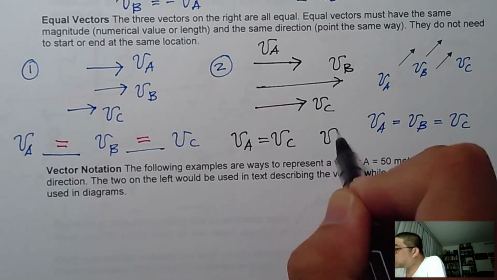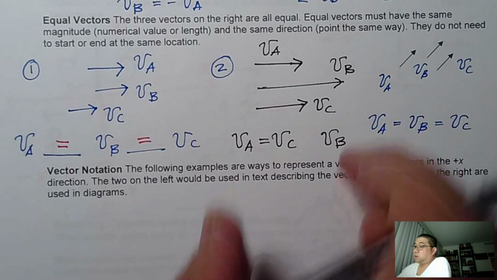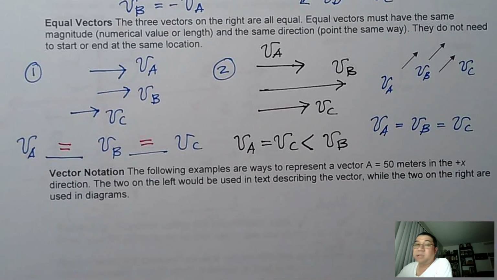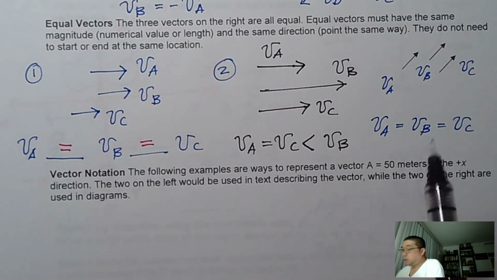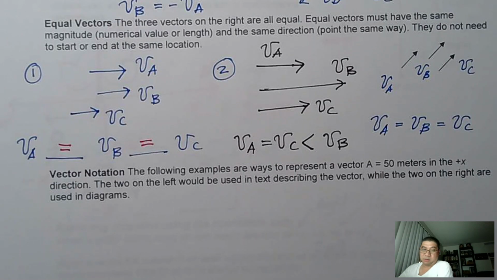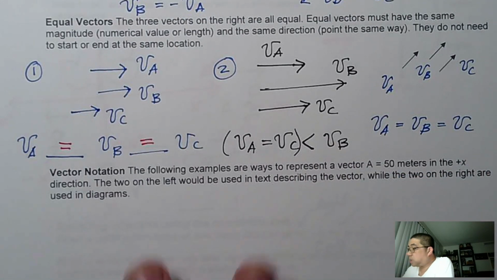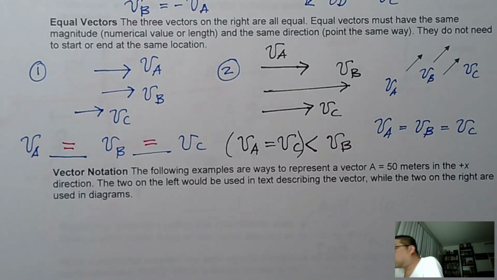However, what can we say about V of B in terms of VA and VC? It's obvious that VB is greater, so we can draw this mathematical symbol where it says that if V of A and V of C are equal, they're less than V of B. Now we have to put a parenthesis to complete our statement, meaning that what's inside will be less than V of B. I want you to soak in and understand this example.